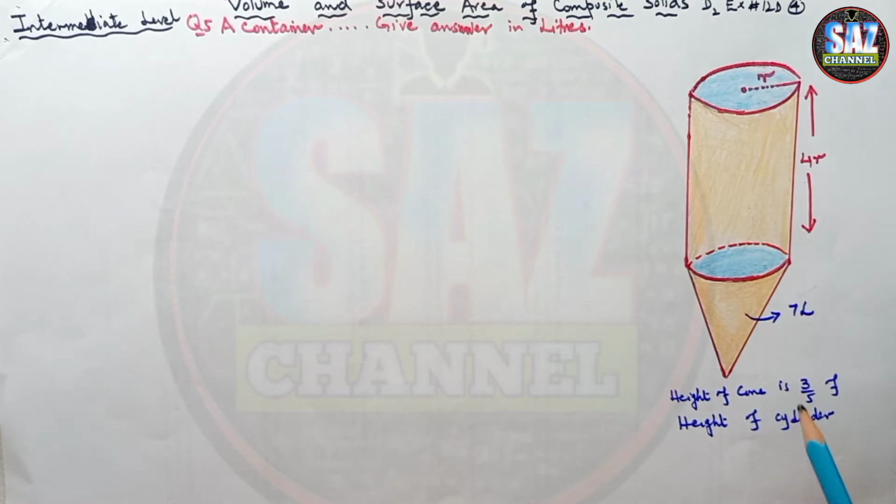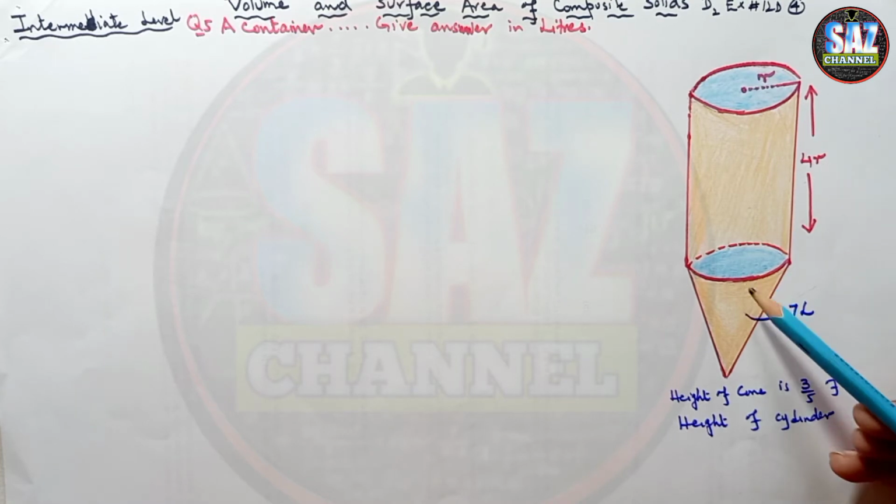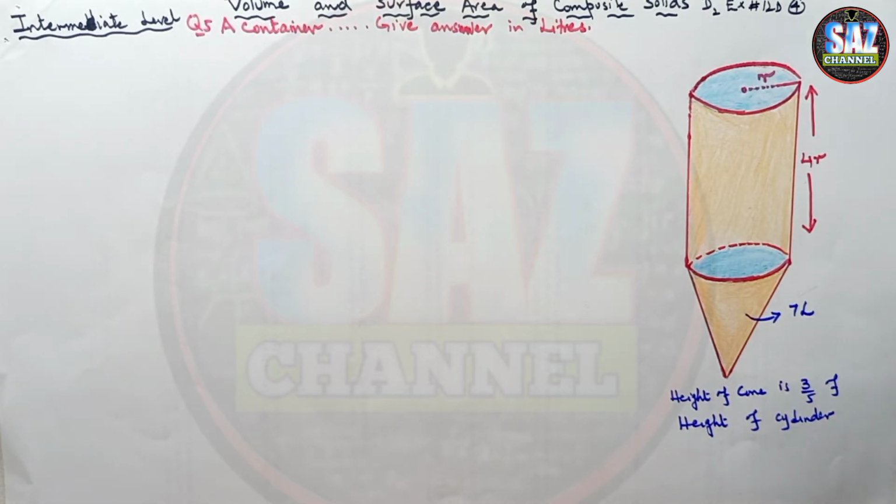There is another piece of information given, that the height of cone is 3/5 of the height of cylinder. What is the use of this information? If we look at this diagram, we are given the height of cylinder, which is 4r, but we are not given the height of cone.